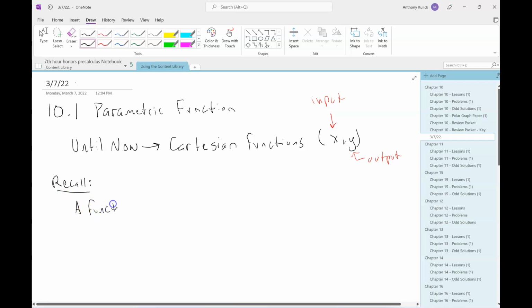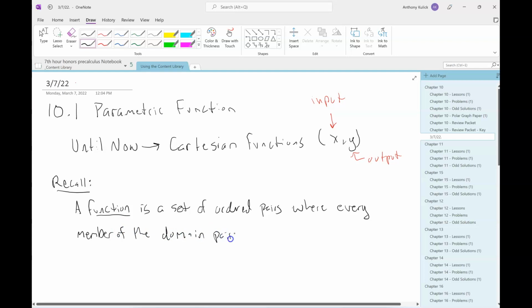So we say that a function is a set of ordered pairs where every member of the domain pairs with exactly one member of the range.